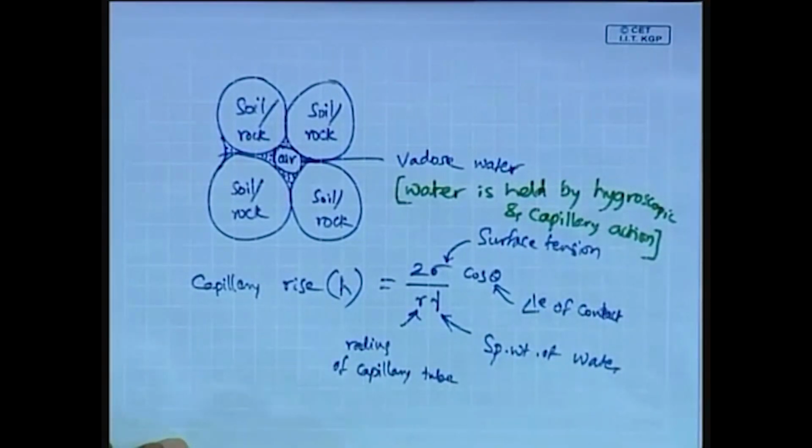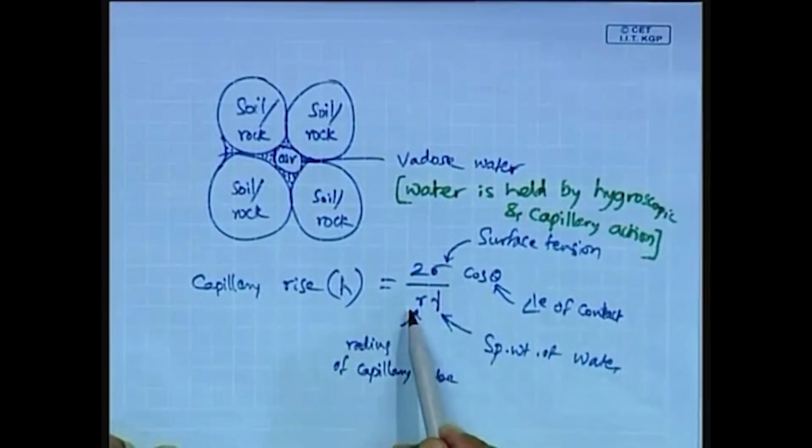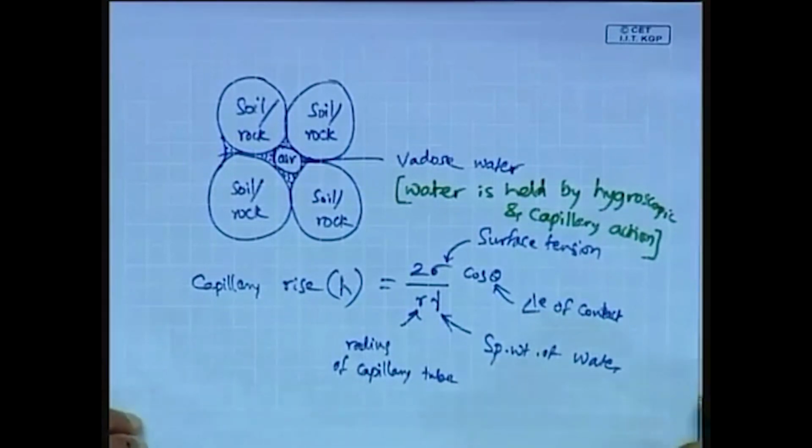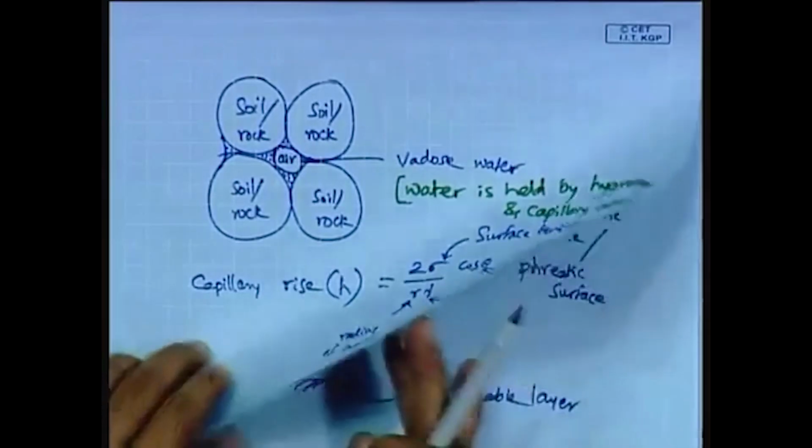The capillary rise, we also saw the expression for it, is given by 2 sigma cos theta divided by r into gamma, that is the specific gravity. So, here now let us continue.